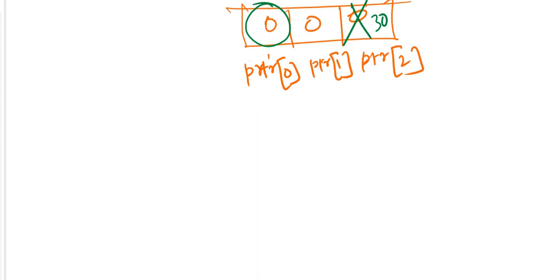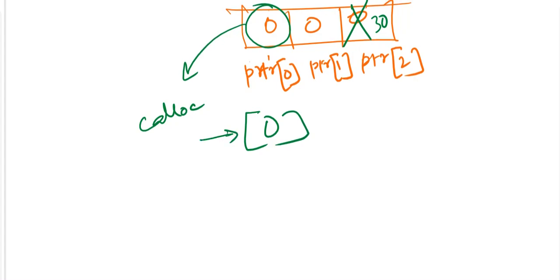So it prints the value of the first element at index 0 of the array initialized by calloc, and 0 will be printed.